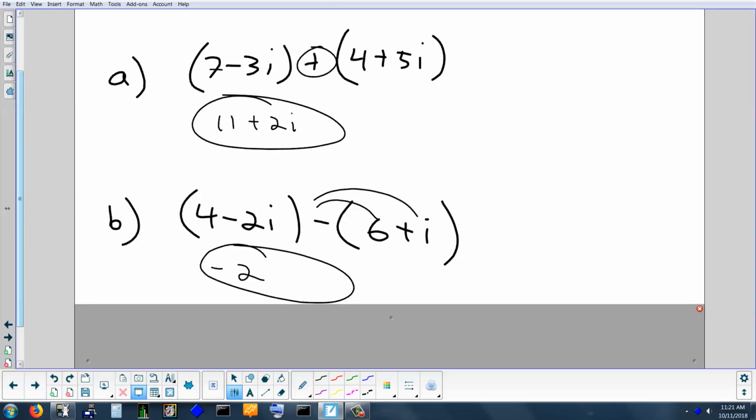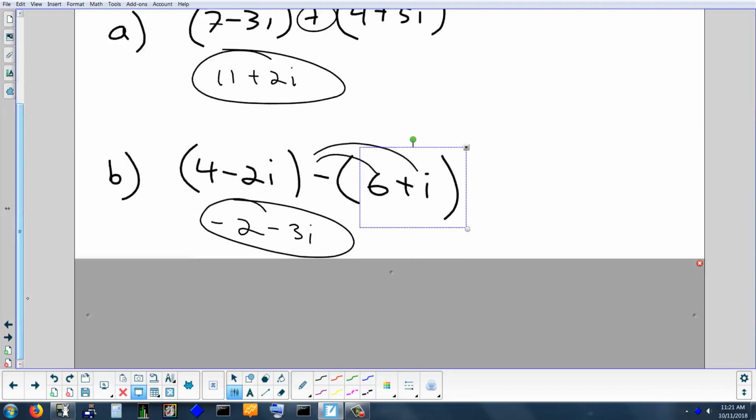So yeah, -2. And now I've got -2i minus i. That's the part people mess up. What's -2i minus i? Yeah. -3i. Okay. And that's it. That's subtracting.